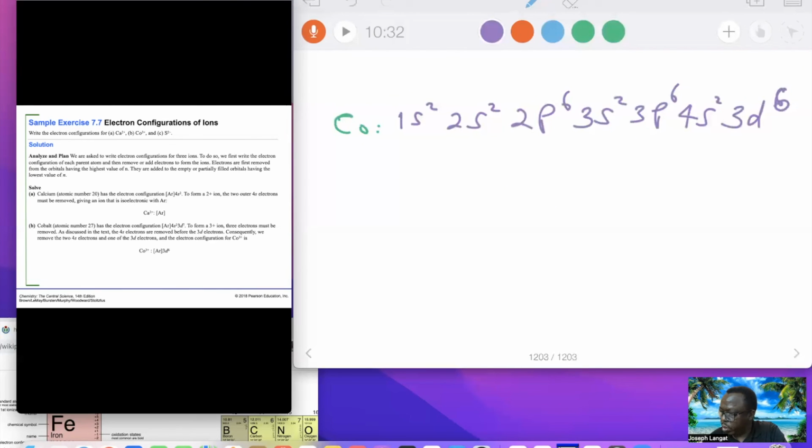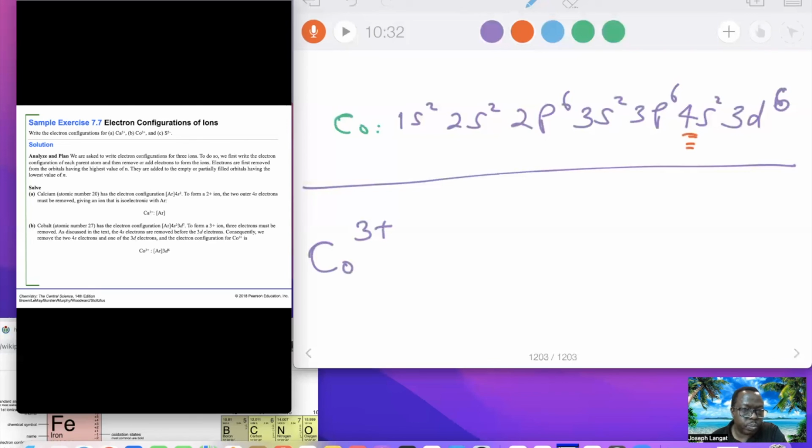If we want to remove 3 electrons, cobalt 3+, these electrons right here will go away. Cobalt is number 27.